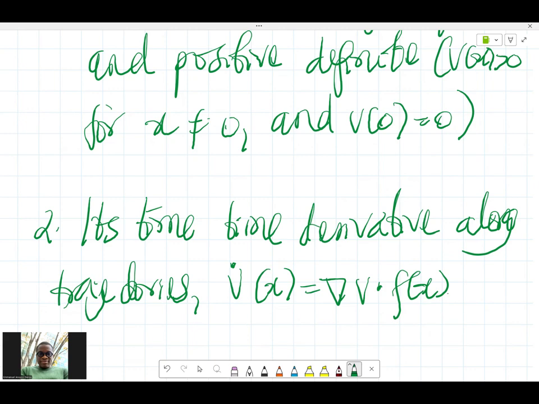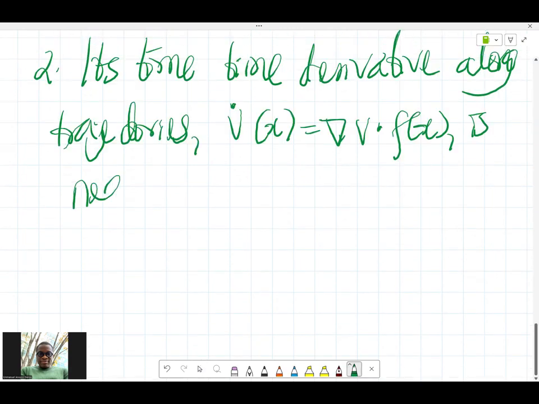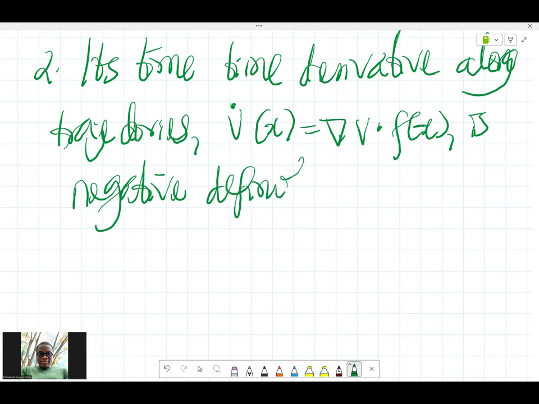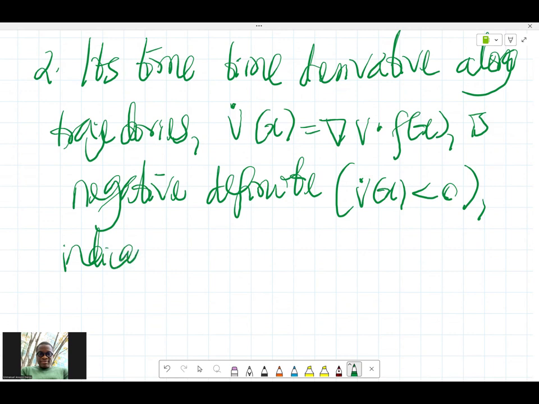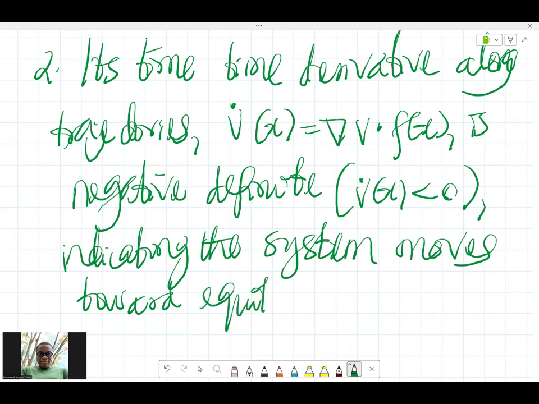This is negative definite, meaning that the derivative of V of x is always less than 0, indicating the system moves towards equilibrium. That's the slope, so it's sloping downwards, moving towards equilibrium.